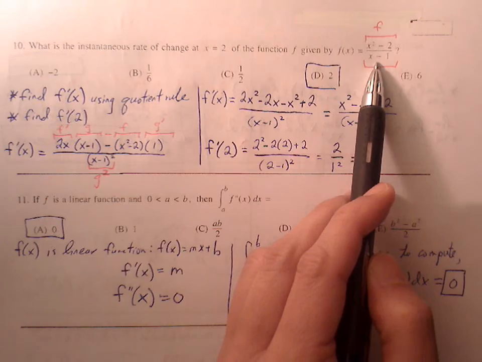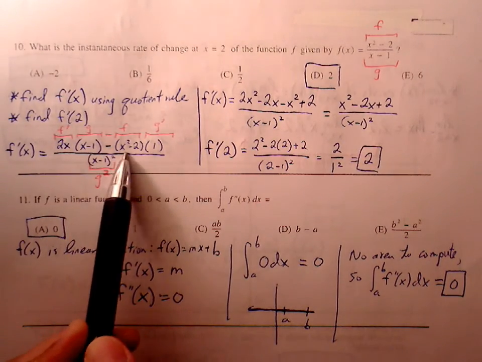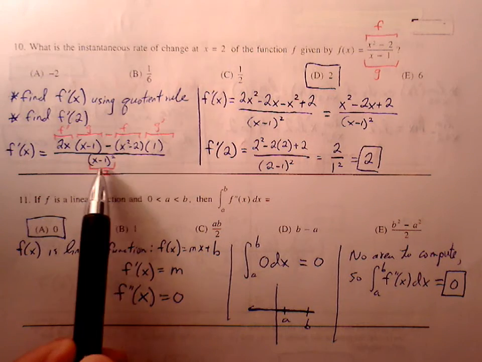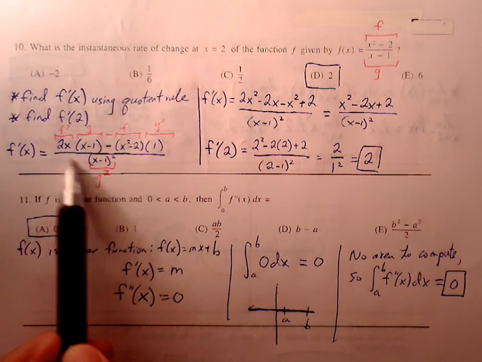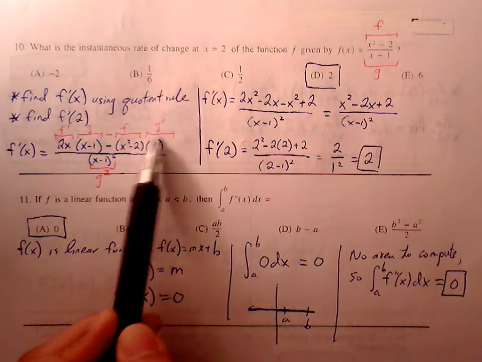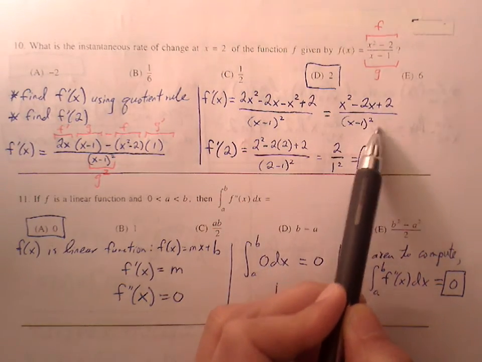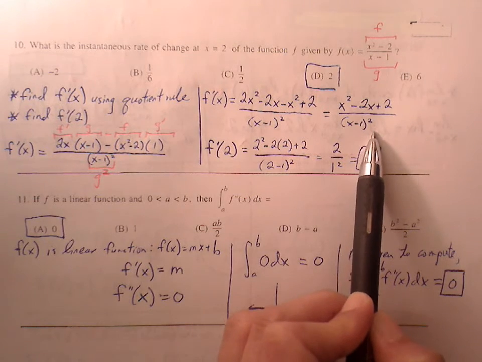So we're going to go through quotient rule. So f prime times g minus f times g prime all over g squared. I'm going to clean up my derivative, distribute the 2x through, distribute the negative through, combine like terms, and we get x squared minus 2x plus 2 over x minus 1 squared.